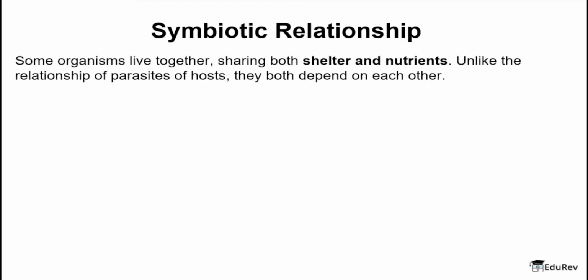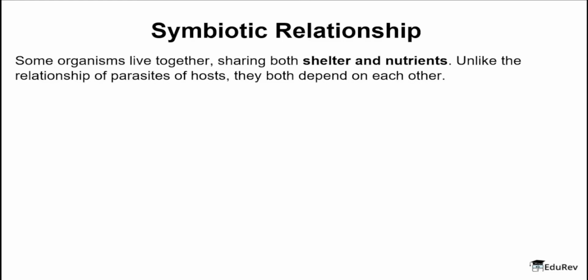Now let's talk about what is a symbiotic relationship. In a symbiotic relationship, organisms tend to live together, sharing shelter and nutrients with each other. Unlike in case of parasites, where they just take away all the nutrients from the host and in return they give out nothing.